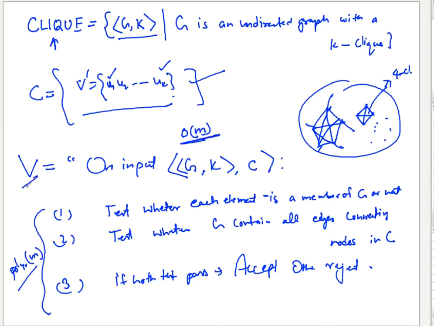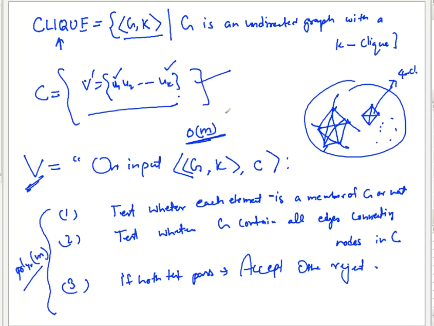So this verifier runs in polynomial amount of time, and it can verify, given a certificate, whether this pair G and K is a member of this problem or not. But one thing you have to always remember is that the certificate size C also has to be polynomial in the size of input.